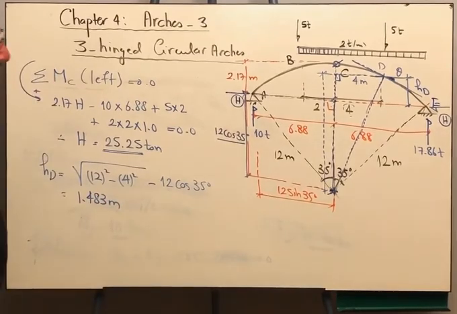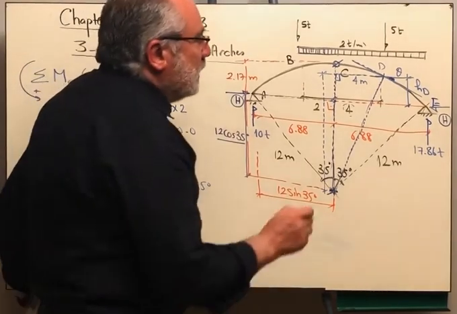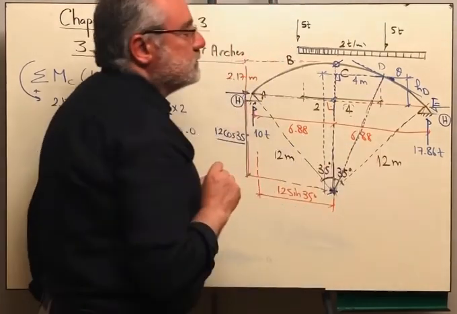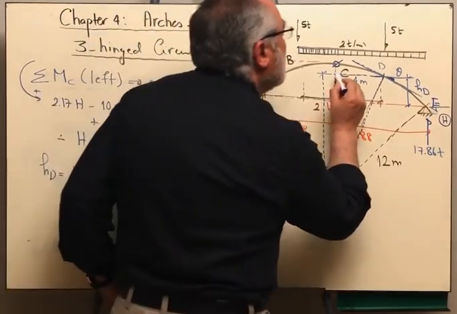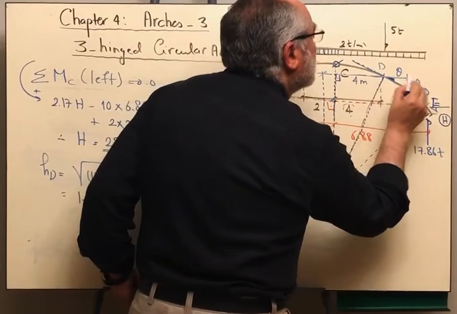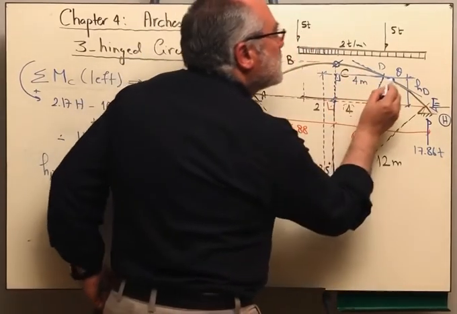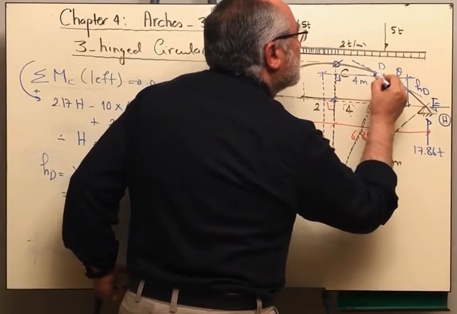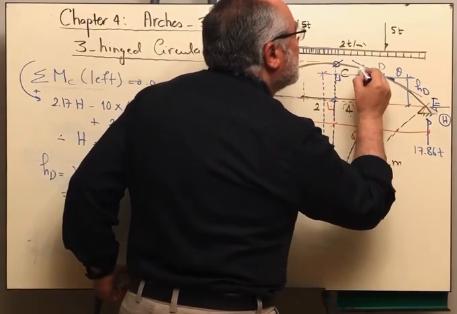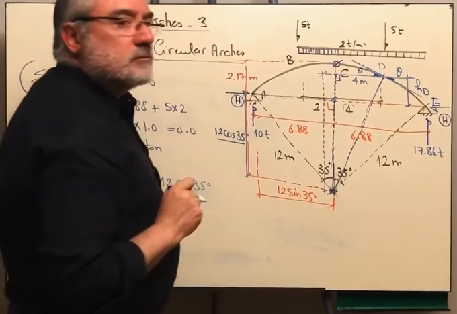Okay, what else? How can I get the angle theta? Take care. This is the horizontal and this is the tangent to the arch. So this angle should be equal to this angle theta as well. Okay?